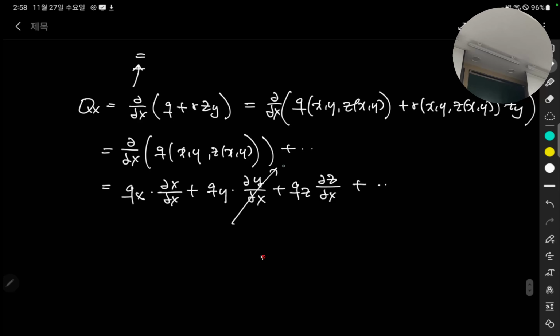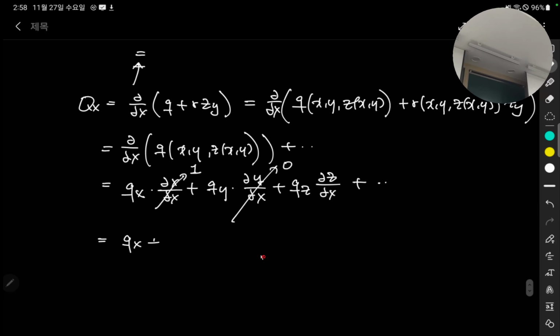So y is independent of x, so it disappears, and the partial of x with respect to x is simply 1, but z is not independent of x. The height of the function at a point on the graph depends on the change of x. So this z_x doesn't disappear. So it's Q_x plus Q_z z_x.